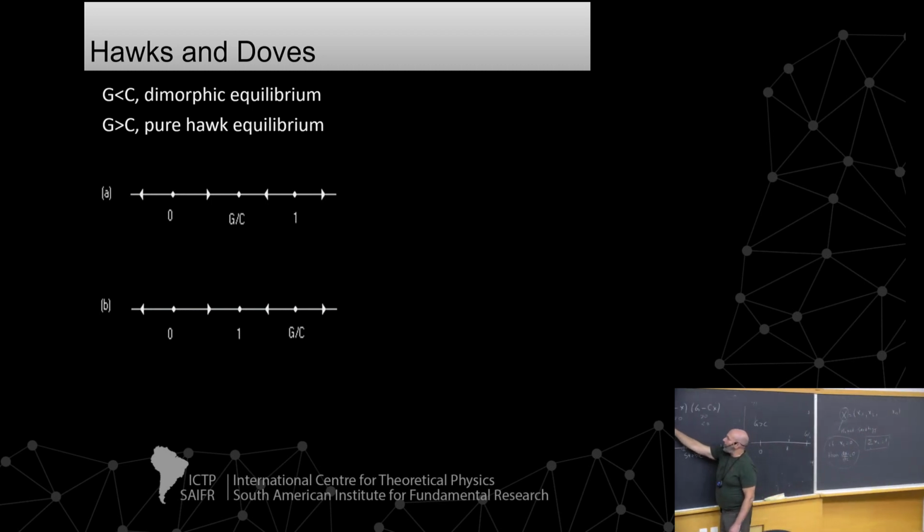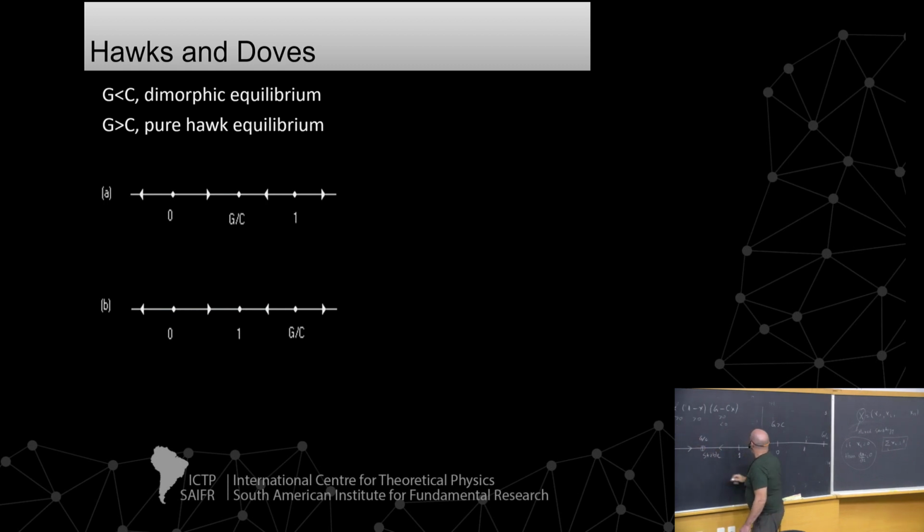This is always positive. If I am between 0 and 1, this is also positive. And if x is greater than G over C, this will be always positive. So the derivative is just driving me towards 1.